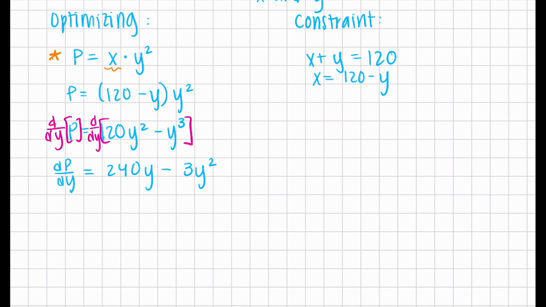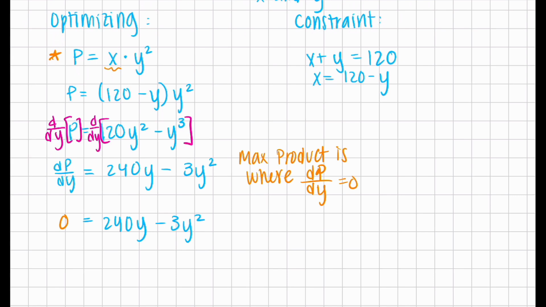Now, we want the critical value. We're hoping it's a maximum, but we're hoping the max product is where dP/dy equals 0. So I'm going to replace dP/dy with 0. And let's solve for y.